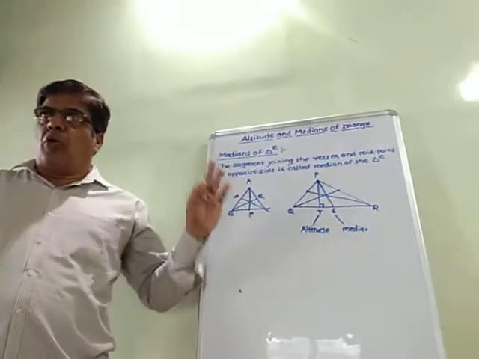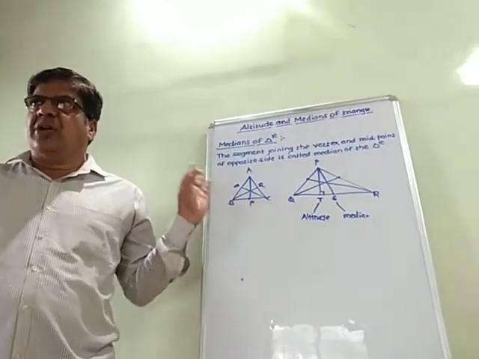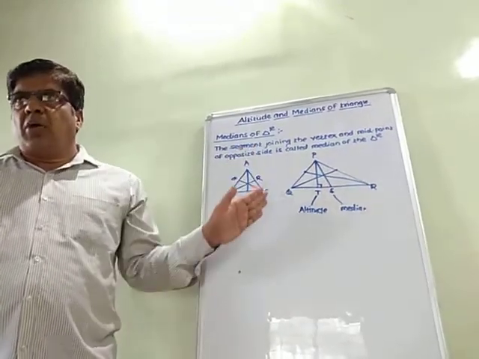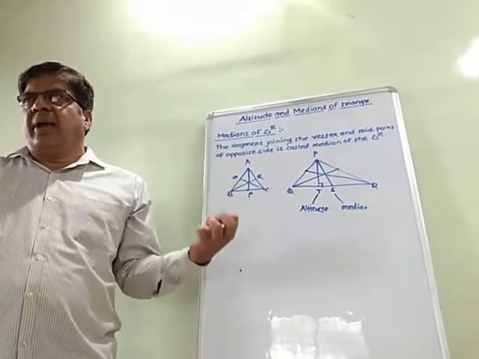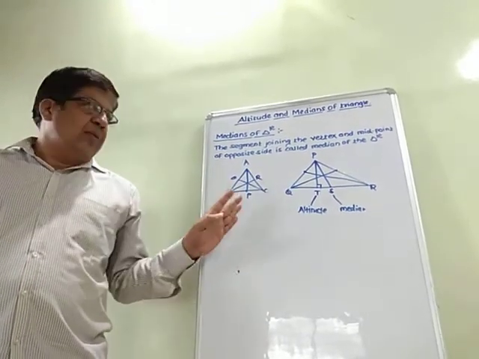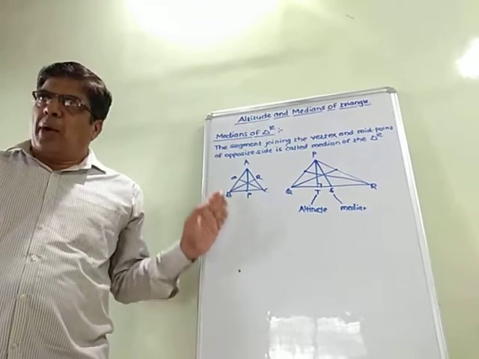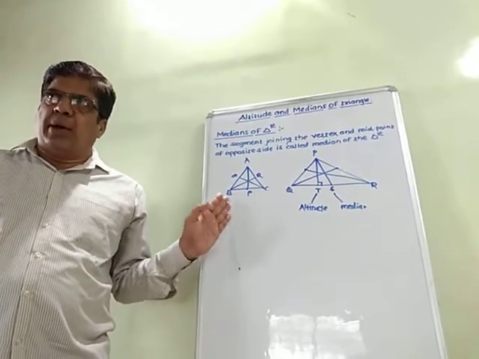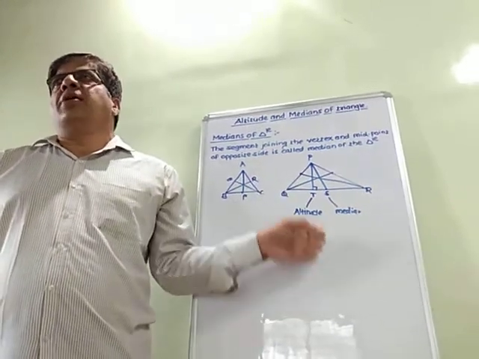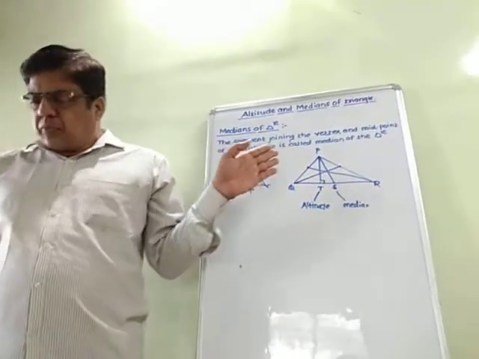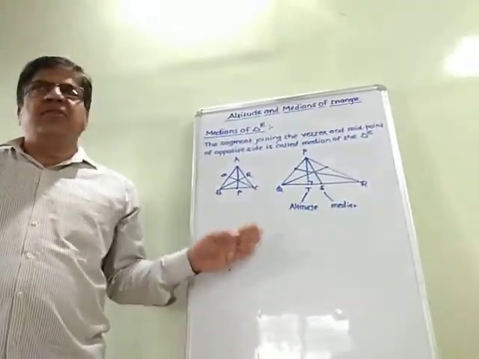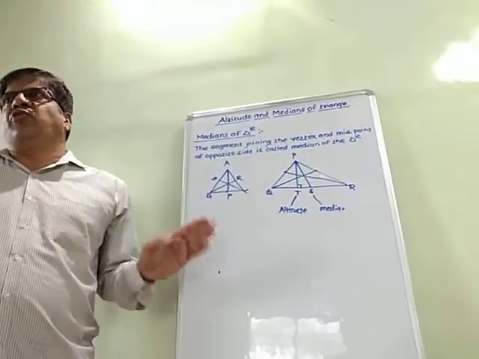The point where the three altitudes meet is called the orthocenter, denoted by O. The point where the three medians meet is called the centroid, denoted by G. Here the median is divided in the ratio 2:1.